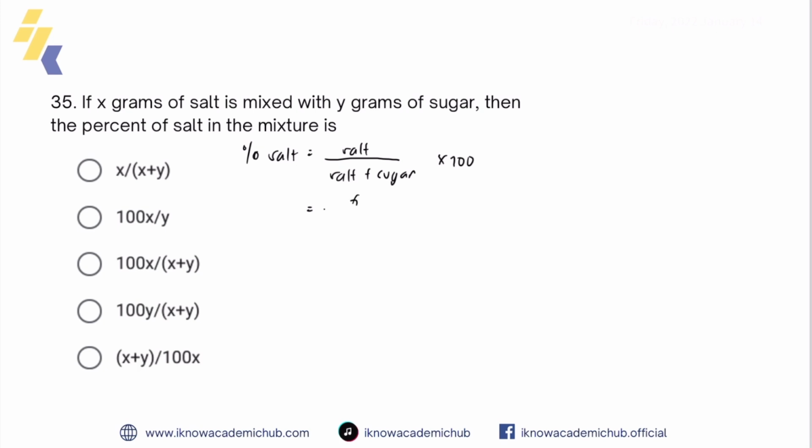So, ano yung salt natin? That's x grams over x plus ano yung sugar natin? Y times 100. So, we have here 100x over x plus y. That's the third option.